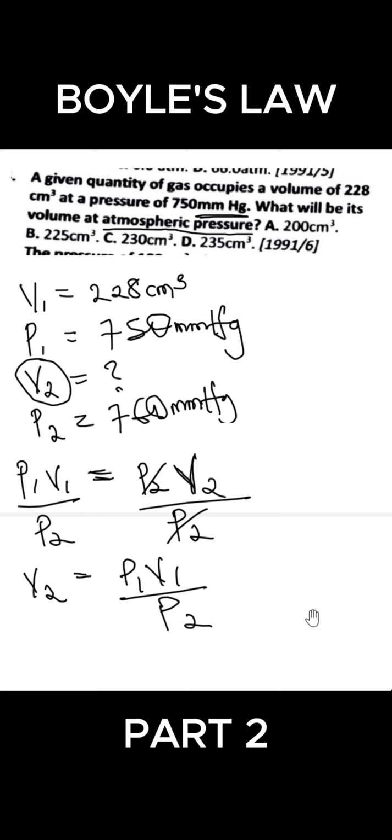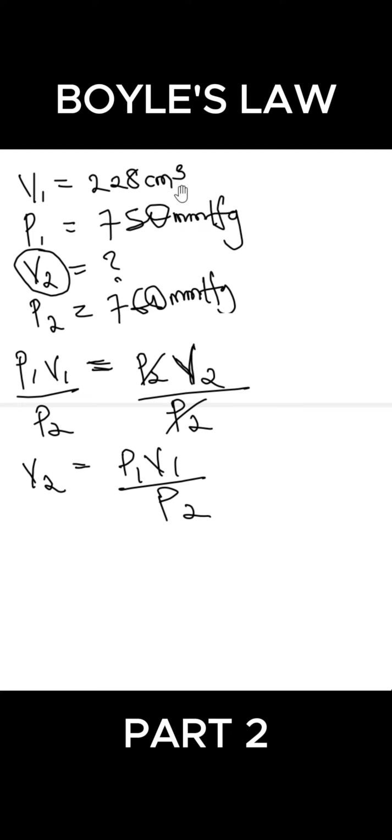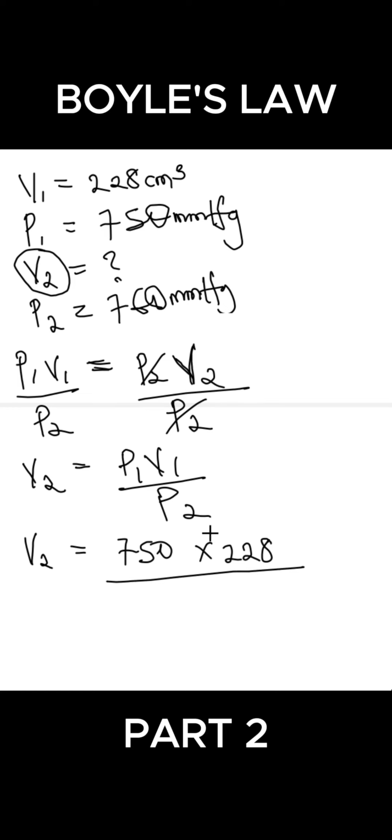Once you've done this, the next thing is to substitute the values into this formula. So V2 is equal to, what is your P1 here, 750, times, what is your V1, 228 cm cube, over, what is your P2, 760 millimeter mercury.